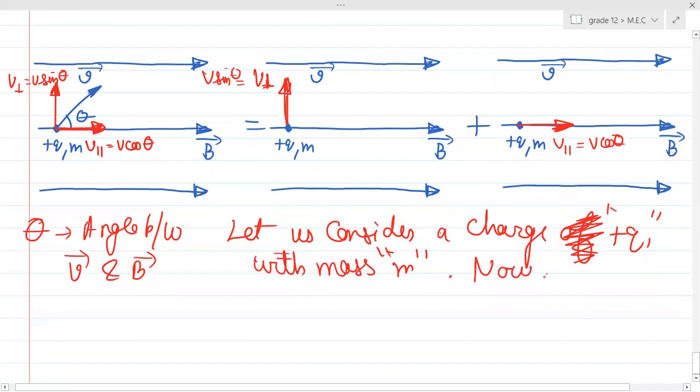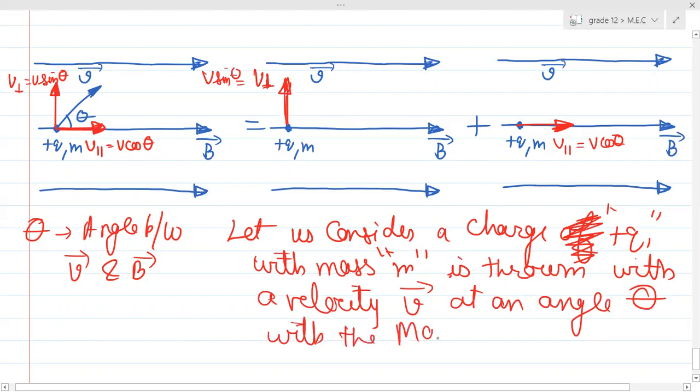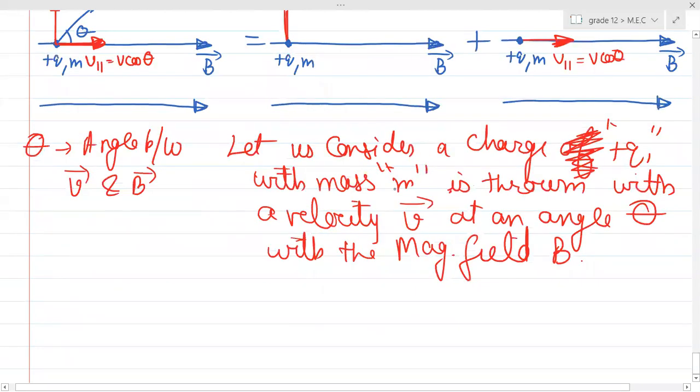Now, with the velocity v at an angle theta with the magnetic field. So always remember, in this statement you need to just introduce the derivation.